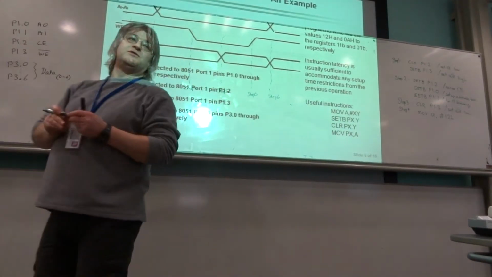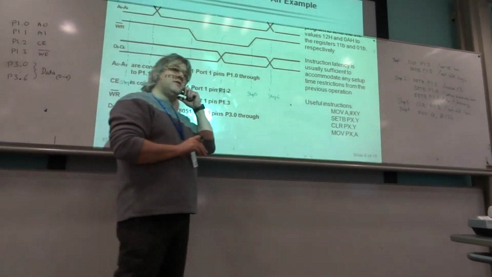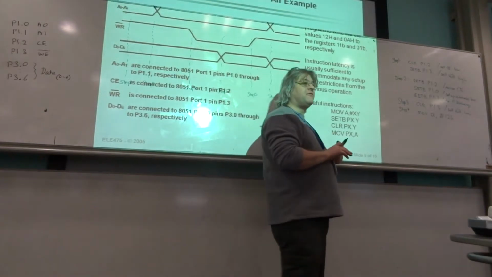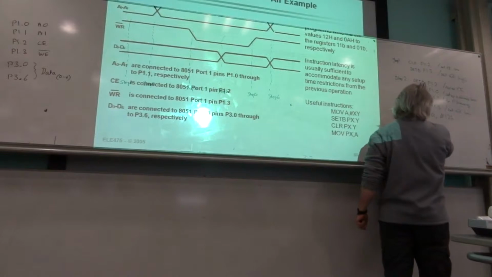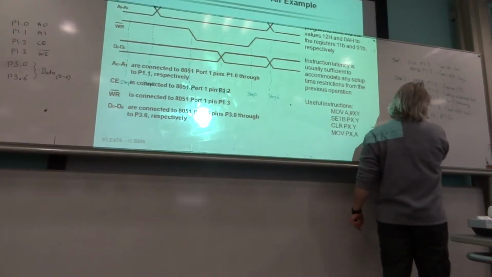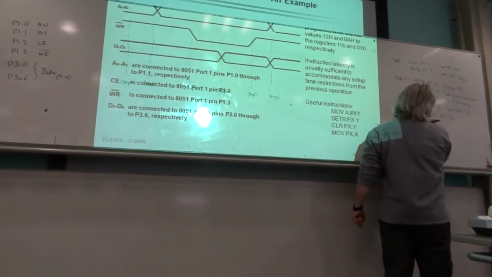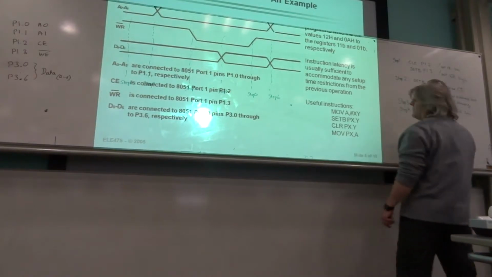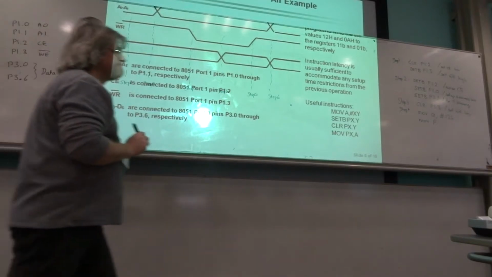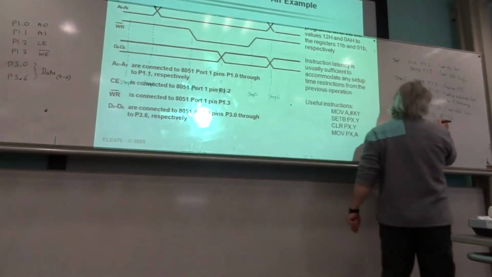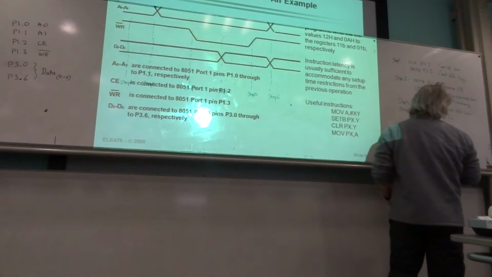Now, there may be an instruction to write immediately to a port. I don't know if there is or there isn't. You'd be able to check that from the appendix at the end of an exam sheet if there was a question like this. Let's assume that that isn't the case. I would do the move into, now I'm going to port 3, the contents of the accumulator.